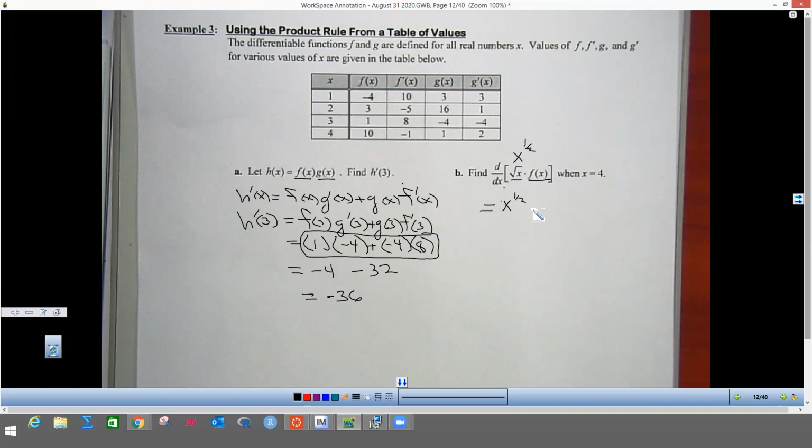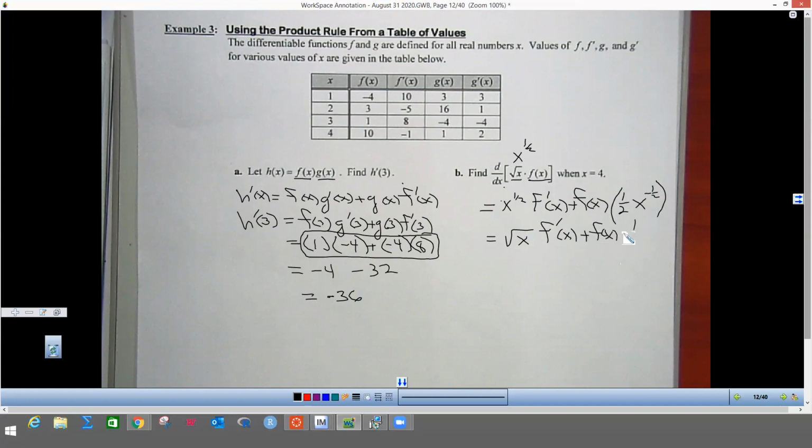So x to the half times the derivative of the second term, which is f prime of x, plus the second term, which is f of x. And then the derivative of x to the half is a power rule. So we bring the half to the front. We subtract 1 from a half. That makes -1/2. And then I'm going to simplify all this. So this is square root of x, f prime of x plus f of x.